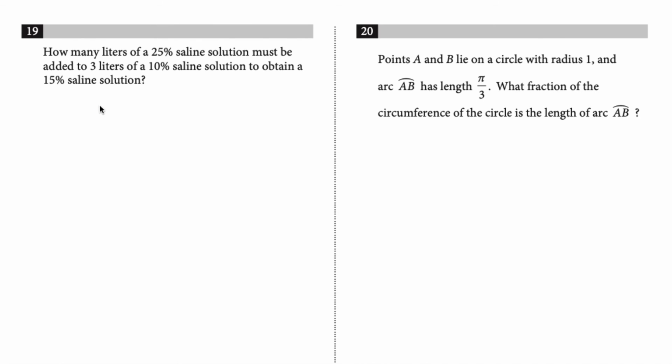How many liters, x, of a 25% saline solution plus 3 liters of a 10% saline solution will equal a 15% saline solution. So to turn 15% to a decimal, we're going to move the decimal over 2 times to make 0.15, and the total amount of liters will be x plus 3.